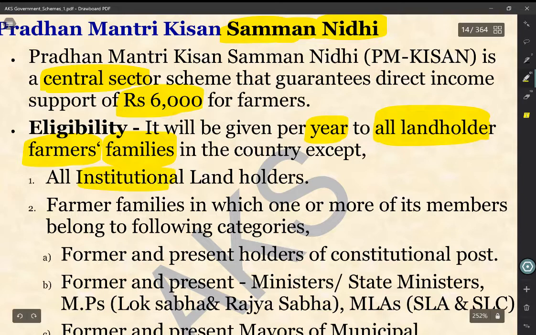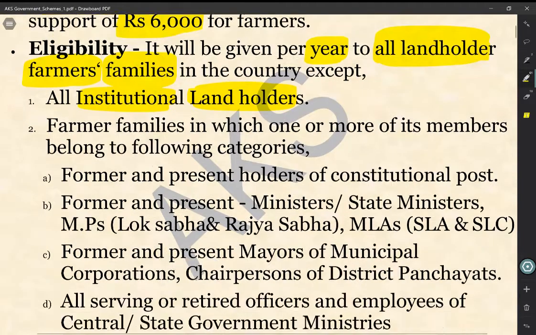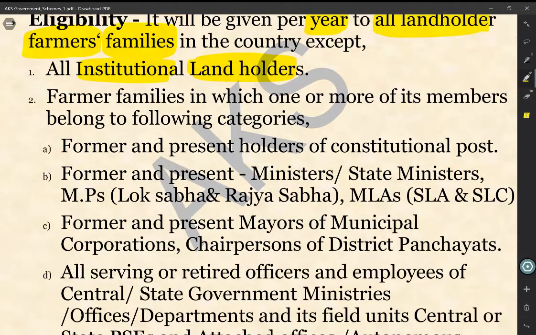Institutional landholders are excluded from the scheme. Number two, farmer families in which one or more of its members belong to the following categories are excluded from the scheme. Number one, the former and present holders of any constitutional post. You know, various constitutional posts like the ministers, the President of India, the CAG of India, the governors.